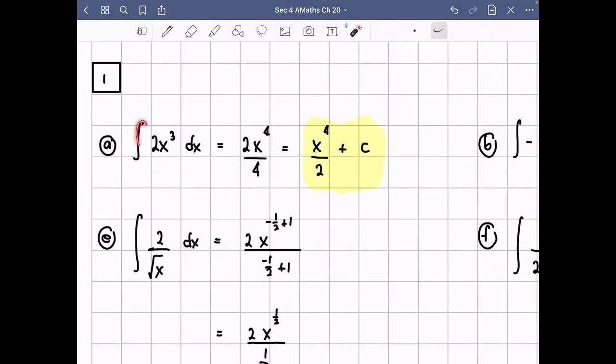The antiderivative of 2x cubed is equal to 2x raised to 4 over 4. Again, this is 4 because it is 3 plus 1, and the denominator is also 3 plus 1. Simplifying this, your answer should be x raised to 4 over 2 plus c. So that's your answer for letter A.